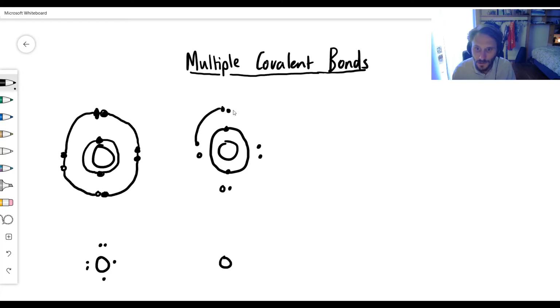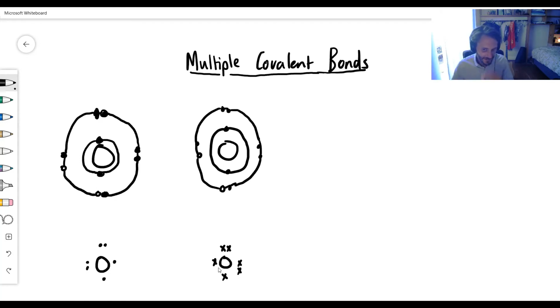And this is the outer shell, which gives me 6. Let's represent those electrons with crosses. 1, 2, 3, 4, 5, 6.